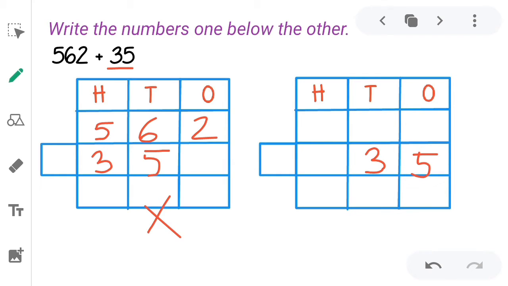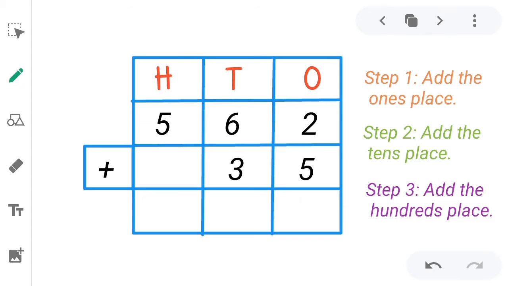Now the first number we'll write in the same way, 562. We'll put a plus sign. So children, this is the correct way of writing the numbers one below the other if both the numbers have a different number of digits.